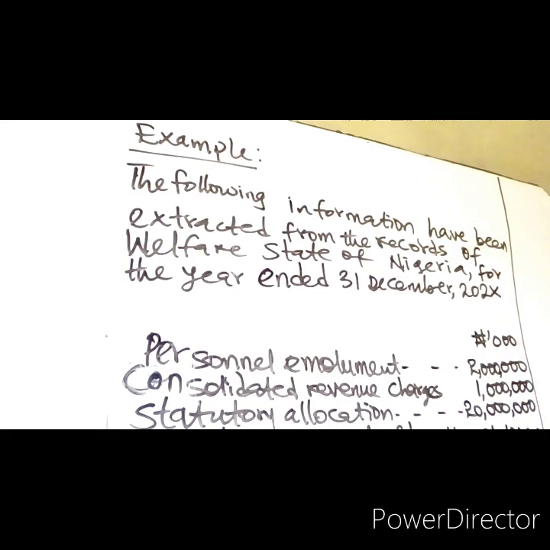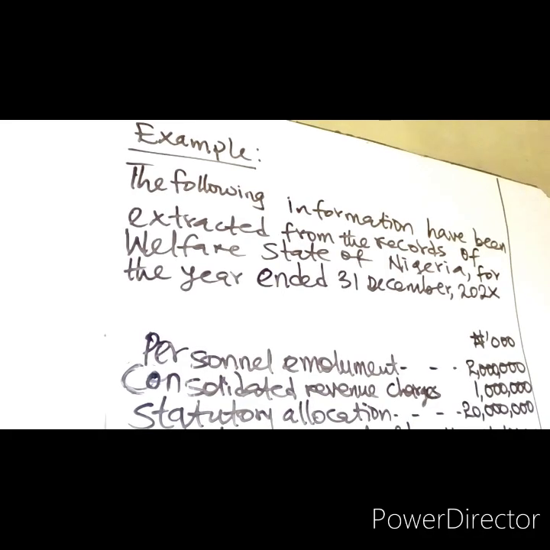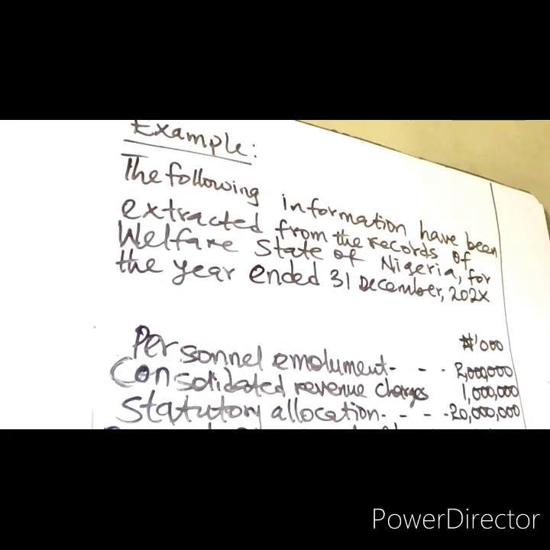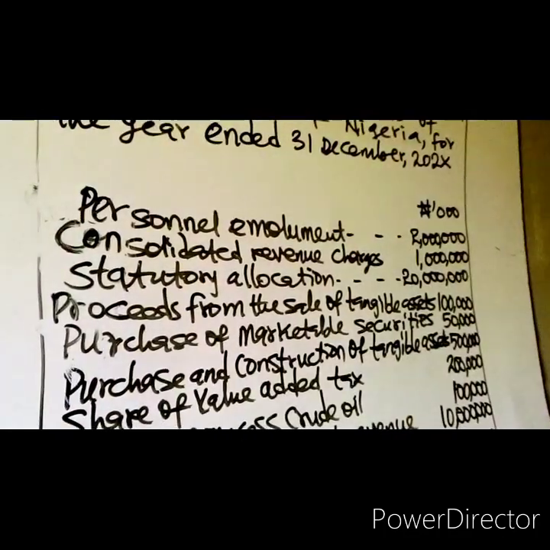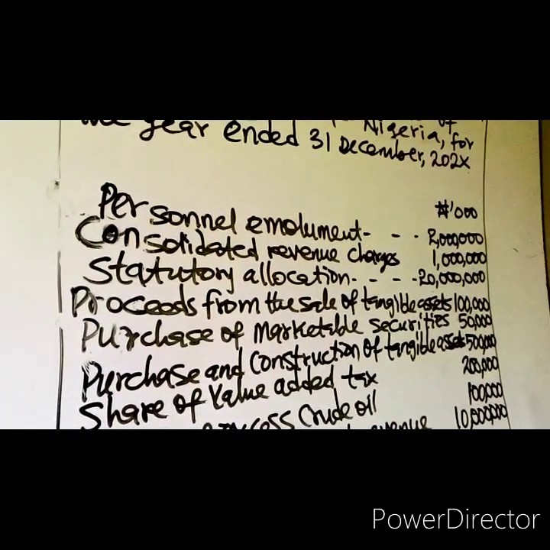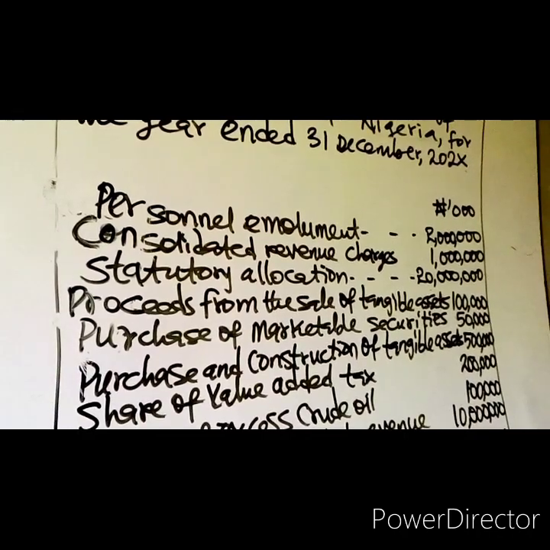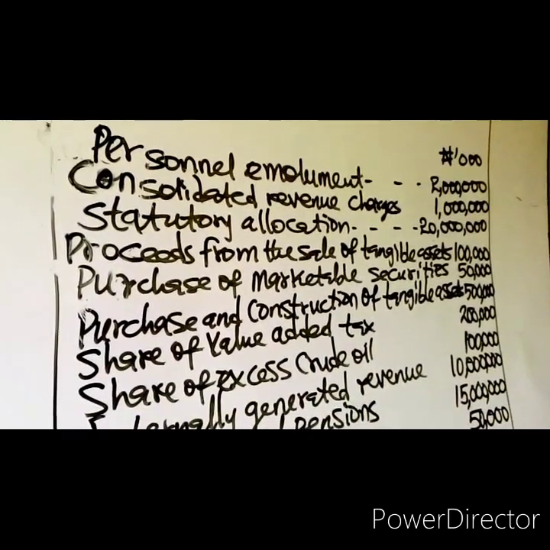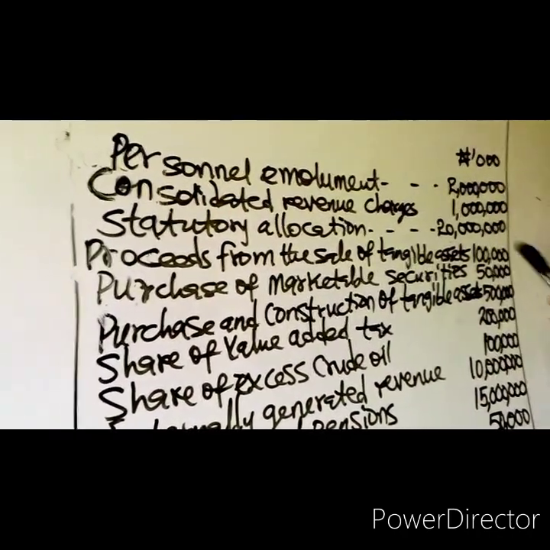All figures are in thousand. We have personnel emolument, 2 million. Consolidated revenue charges, 1 million. Statutory allocation, 20 million.